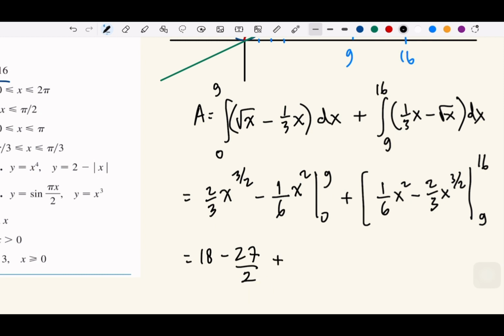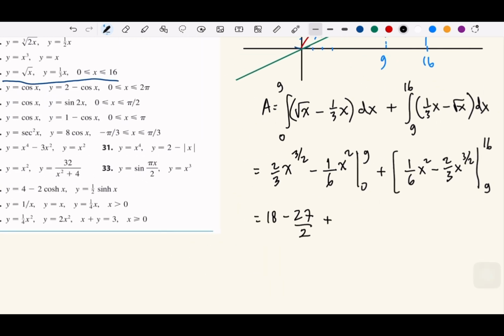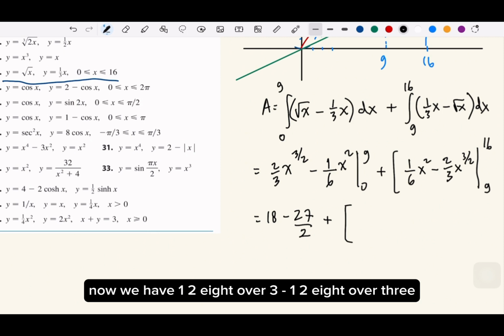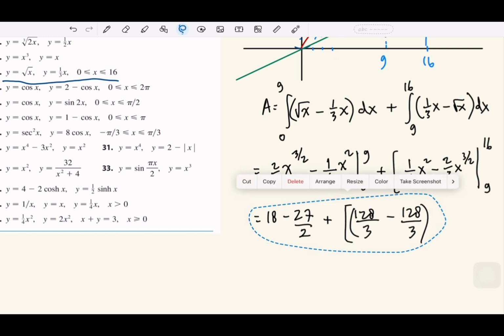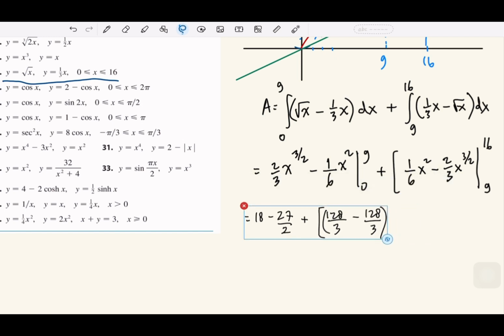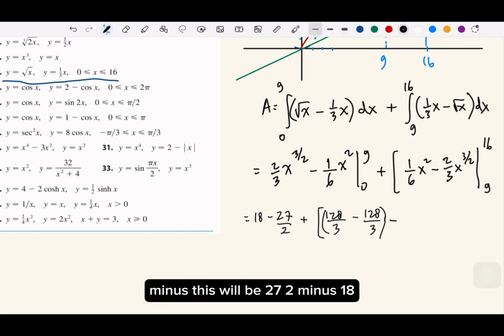Plus, now we have 128/3 minus 128/3. Make it precise. Minus, this will be 27/2 minus 18.